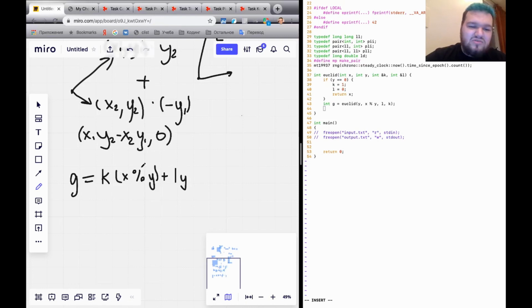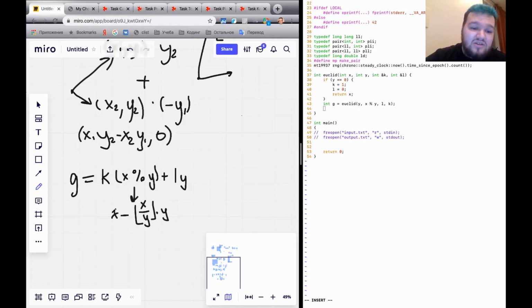So now we want to get x from here. We want to get this g as a linear combination of x and y, not x mod y and y. To do this, we will rewrite x mod y as x minus x divided by y, rounded down, multiplied by y. This is the same thing by definition.